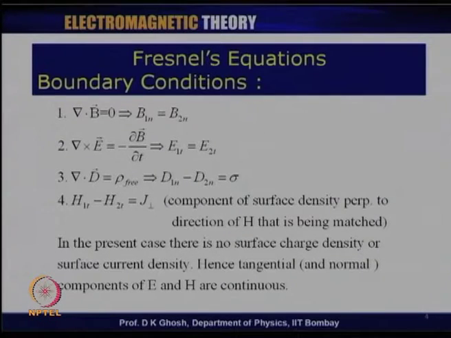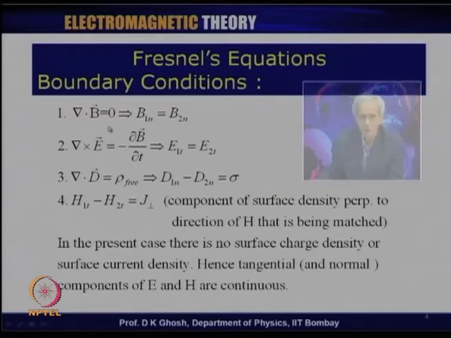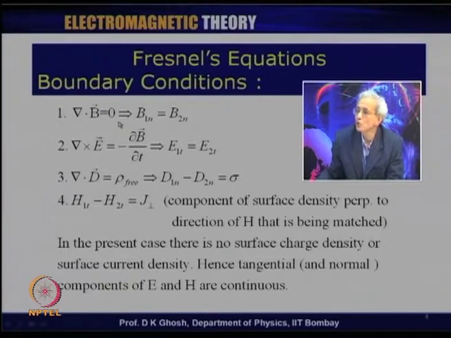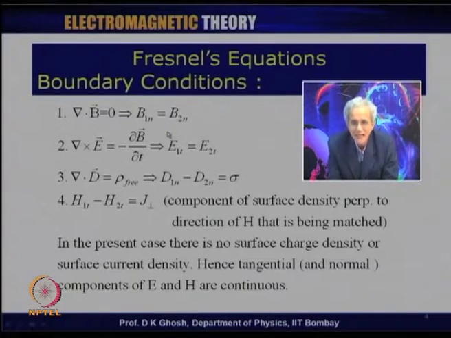Firstly, you remember that from Gauss's law of magnetism, del dot B is equal to 0. We have seen by taking a Gaussian pillbox on the surface that I should be able to prove that the normal component of the B field is the same. Now we will assume that both the media have the same magnetic permeability.